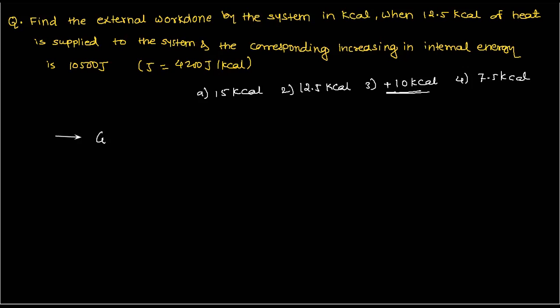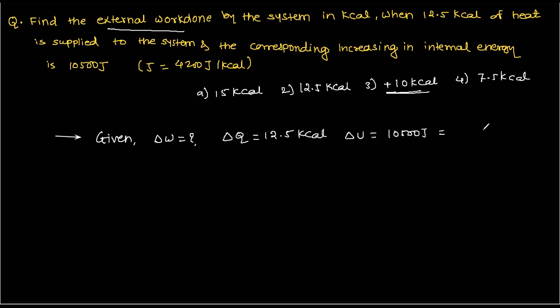So what is given here? External work done is asked, so delta W is equal to question mark. Heat supplied, delta Q, is 12.5 kilocalorie, and the increase in energy is delta U is equal to 10,500 joule.